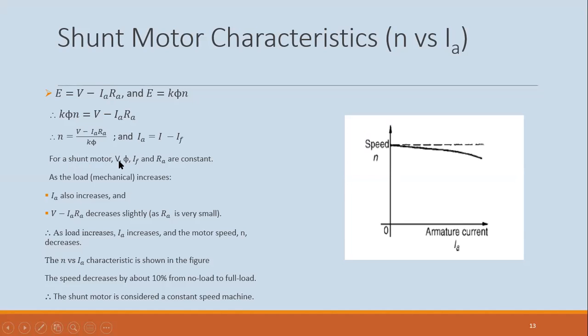All right, so some verbiage here. As this is a shunt motor, the input voltage, the flux, IF and RA are constant. And as the mechanical load increases, IA would then increase, since IF is fairly constant.